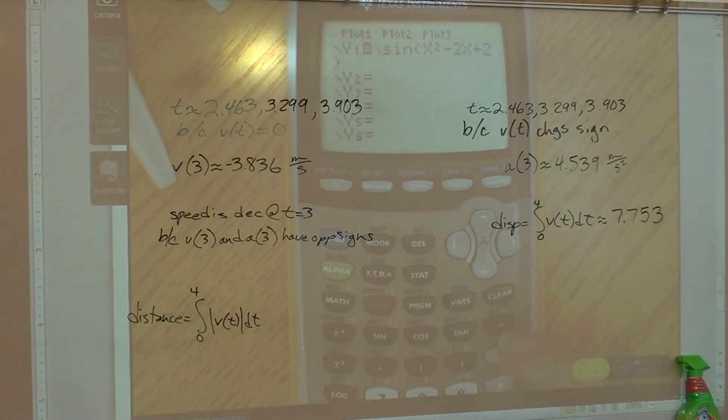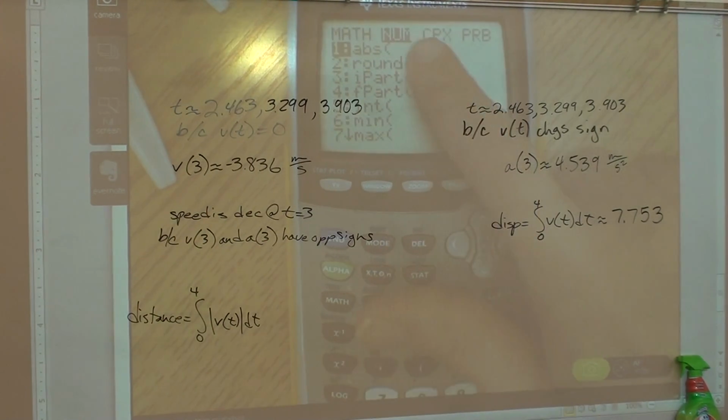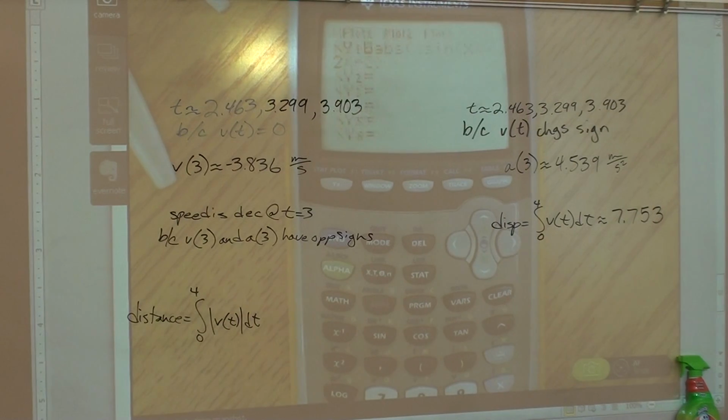Then to get absolute value, you hit the math button, the third one down on the left, arrow over to num, and the top choice is abs. So math, num, absolute value. And then I always like to close my parentheses.